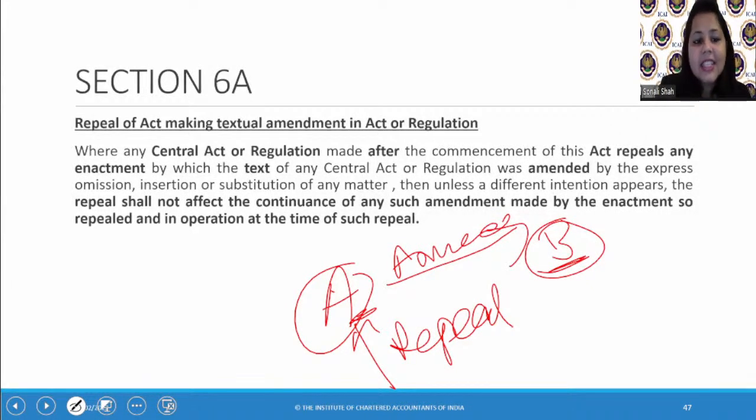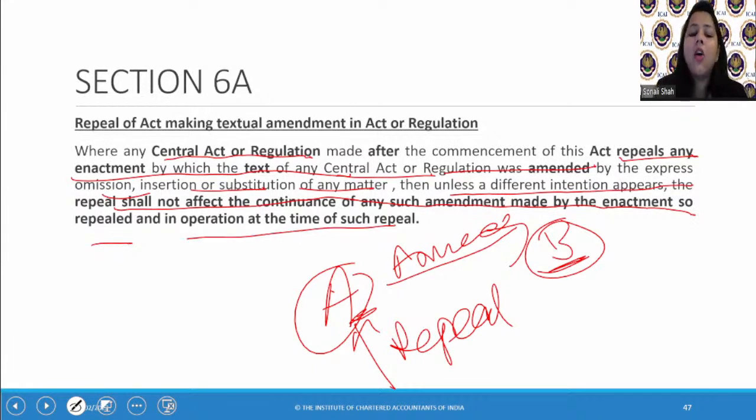So 6A says, where any central act or regulation made after the commencement of this act repeals any enactment by which the text of any central act or regulation was amended by the express omission, insertion or substitution of any matter, then unless a different intention appears, the repeal shall not affect the continuance of such amendment made by the enactment so repealed and in operation at the time of such repeal.